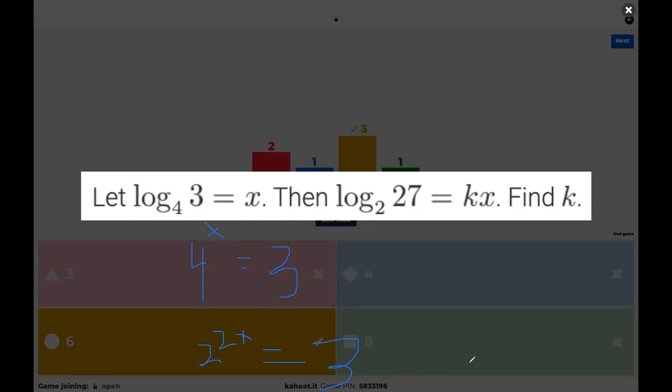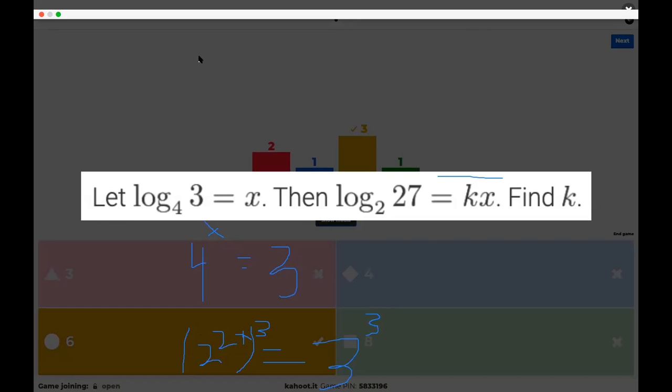Okay, and then to get to 27, you cube both sides. That means you have 2 to the 6x. Okay, so k is 6.